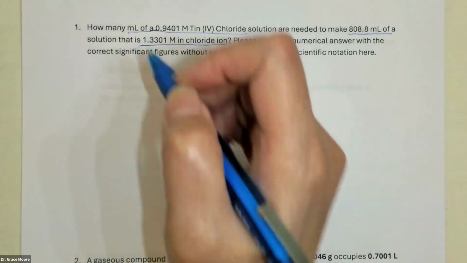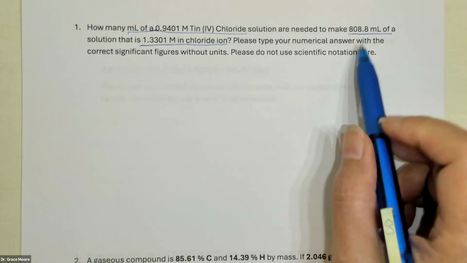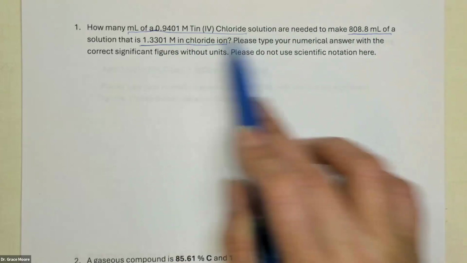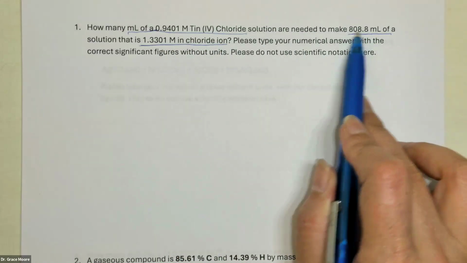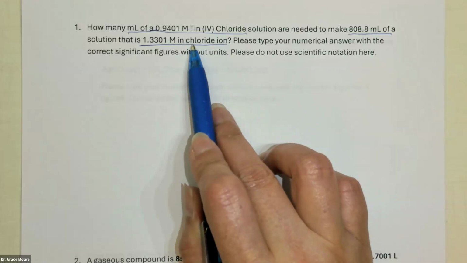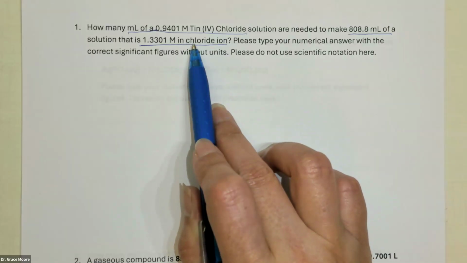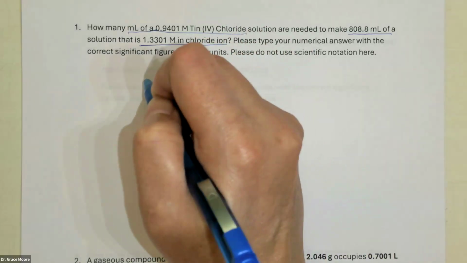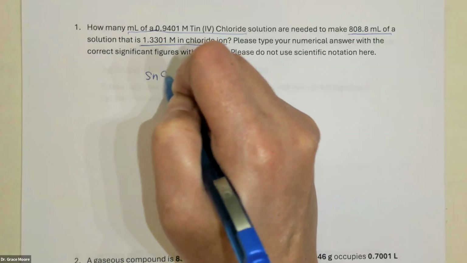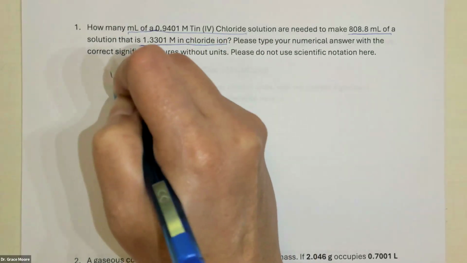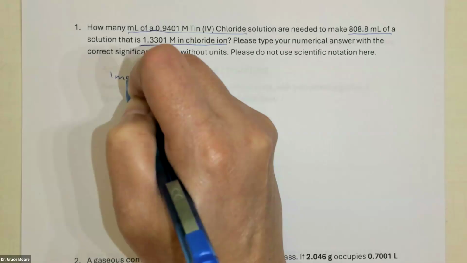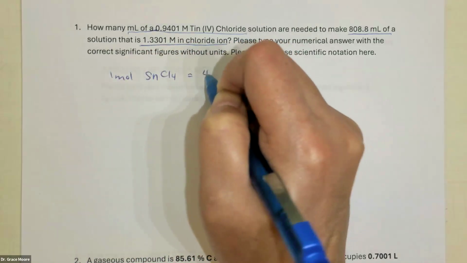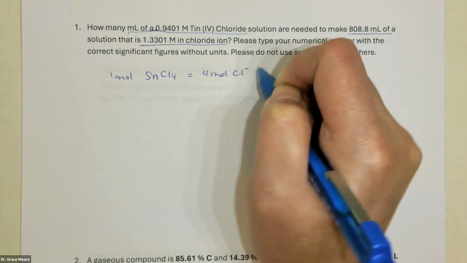So I would start with the chloride ion, use the molarity and the volume to get moles of chloride ion, and then I'll do the mole to mole ratio, chloride ion to tin(IV) chloride, which is 1 to 4. SnCl4, 1 mole of that is to 4 moles of chloride ion.